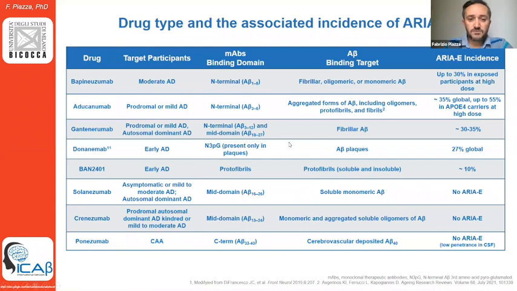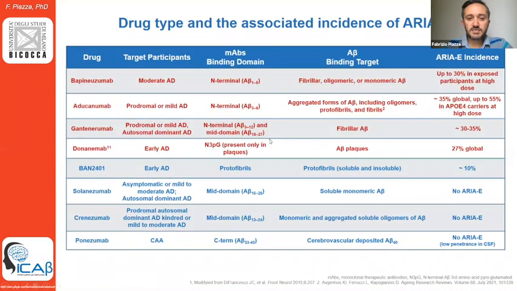Why did I tell you that? Because if we look at all of these antibodies, and in particular observe the binding domain and the binding target related to the incidence of ARIA-E, as we can see here in red, all of these antibodies are targeting the fibrillar, insoluble, deposited beta amyloid in the brain parenchyma, so amyloid plaques.